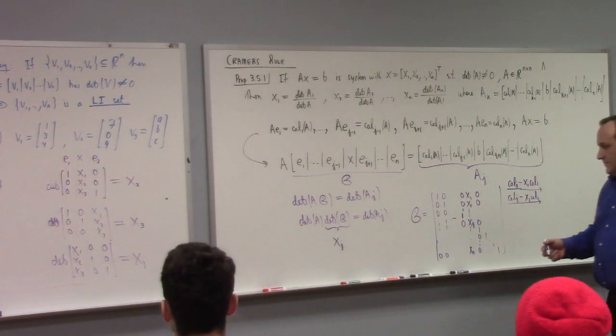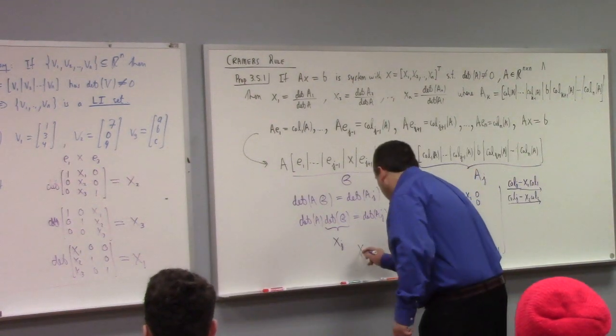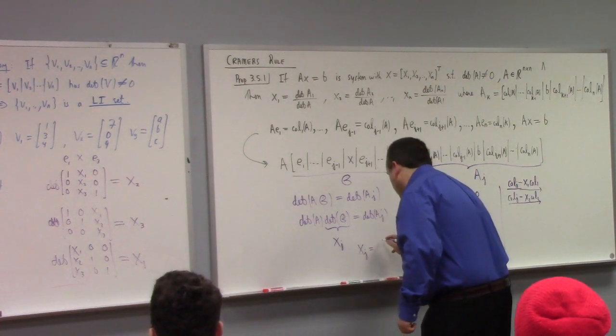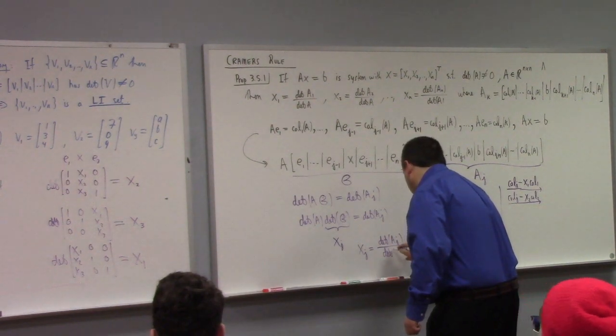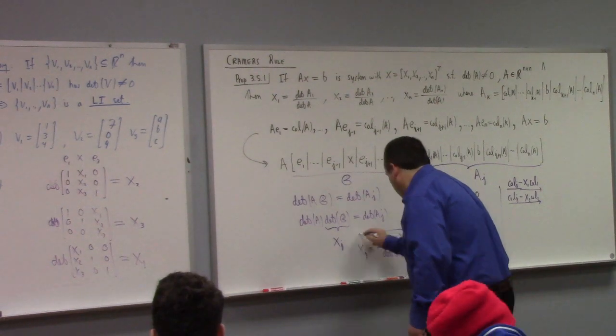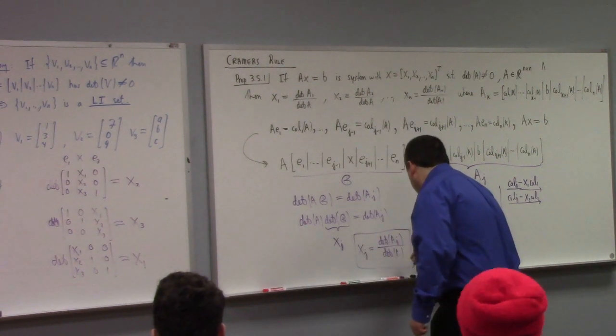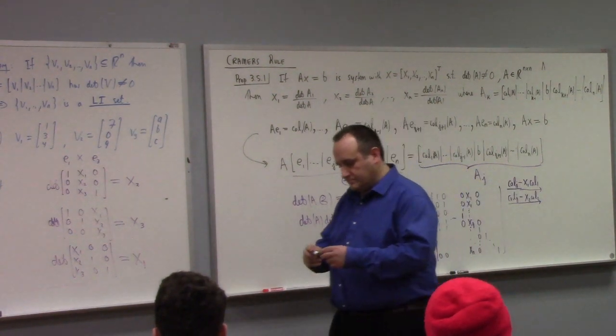So what we get then is x sub j is equal to the determinant of A sub j divided by the determinant of the coefficient matrix. And that, my friends, is Cramer's rule.